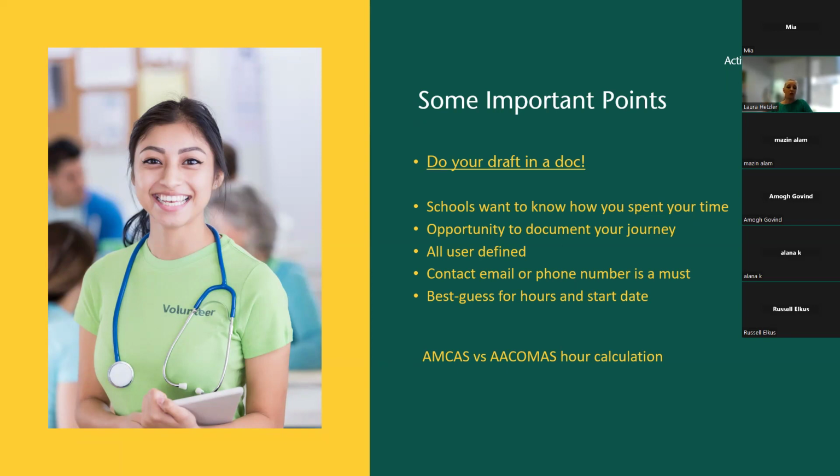You're going to count up the number of weeks that you spent doing that activity, and you're going to divide your total number of hours by the number of weeks worked. And then you're going to plug that data into the portal. It's going to do the math for you. You'll put in your hours per week and your total number of weeks, and the total that it develops should match what you have in your records. So just a little tip on that one.